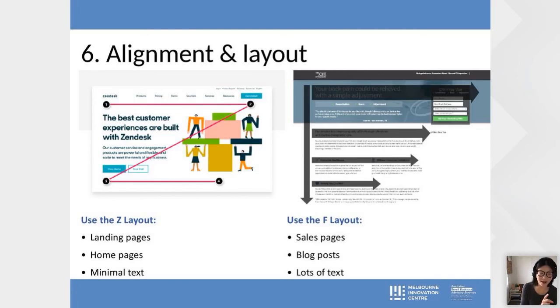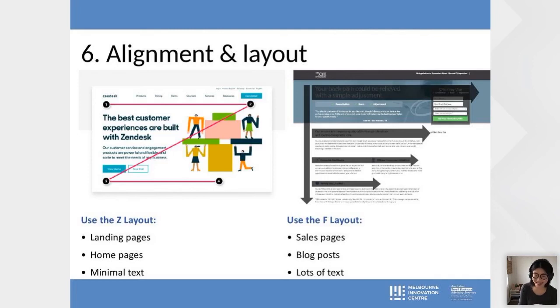So their eye goes from left to right, and then ping back, and the things that are really important tend to be on the corners, the top left, top right, bottom left, bottom right corner. So there's that Z way of their eyes moving about the page.